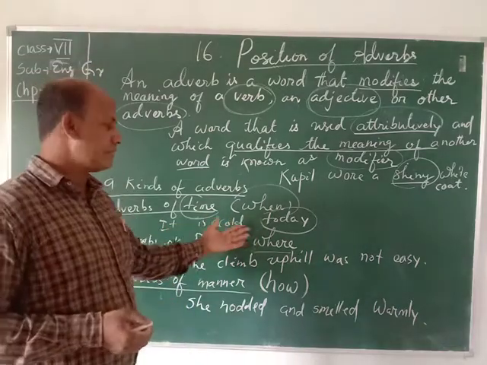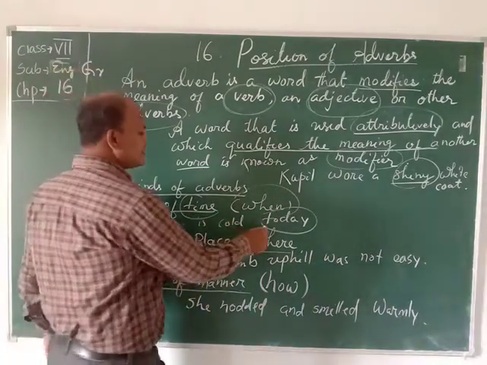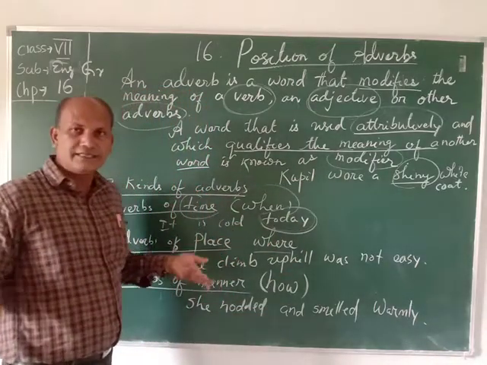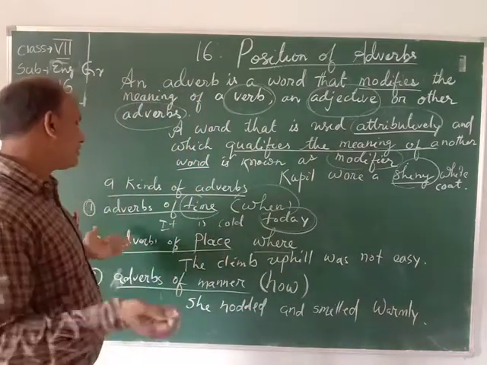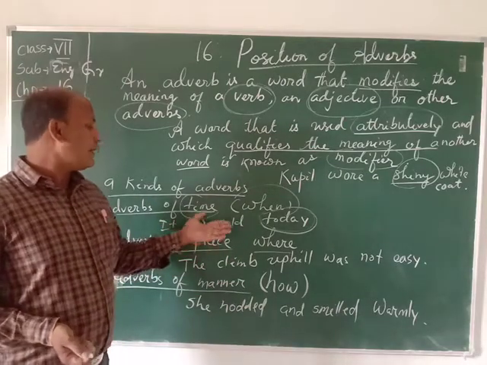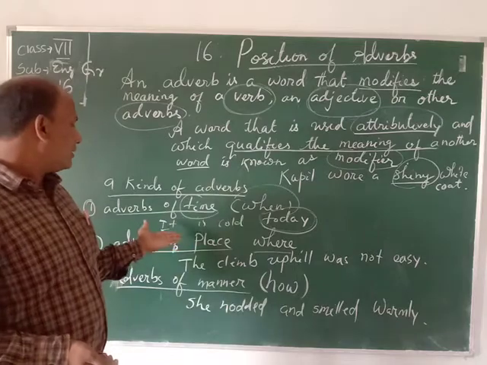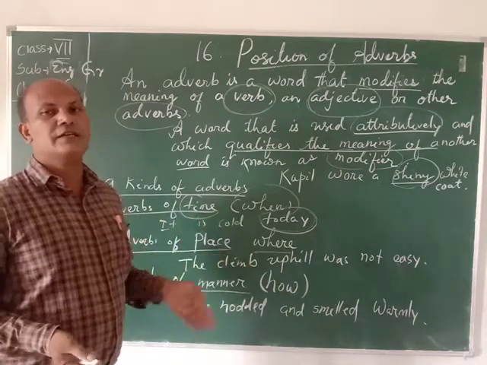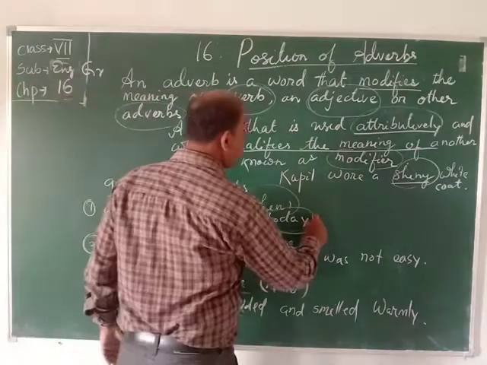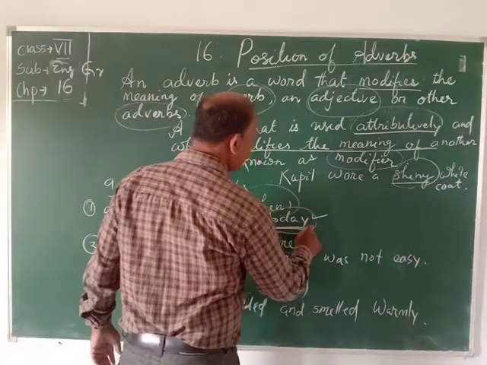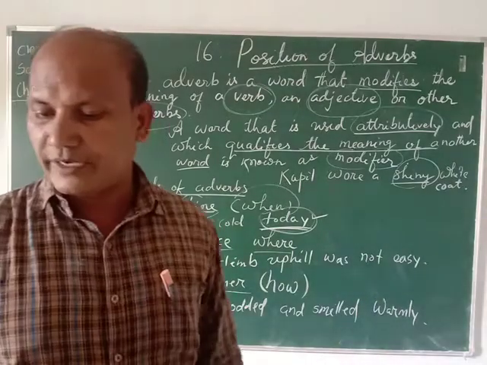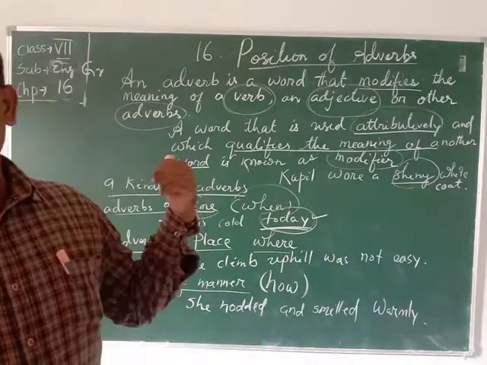You can say yes today. आज cold ठंडा लगा, or it is raining today. बारिश है, most cold weather, so we can say raining today. So when, the time of today. That's why it is adverb of time.